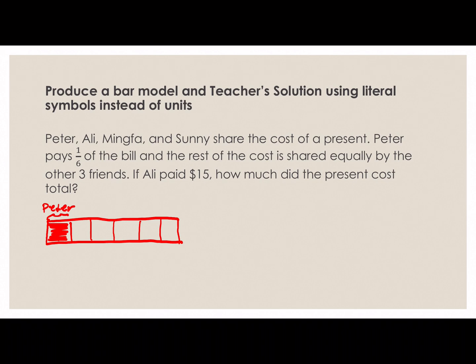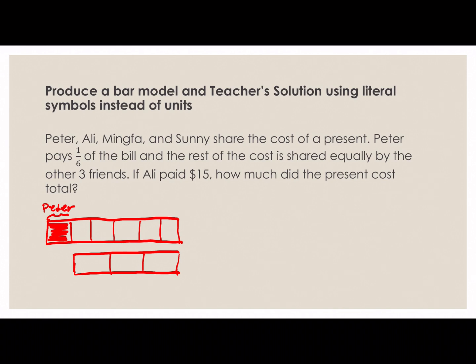Now the remainder is shared equally by the other three friends. So we have to draw another bar here that's as long as the remainder of the first bar, and we need to divide it into thirds. Now there are 5 pieces left in my top bar, so the lines won't match up. So I'm just going to guess as to where they would be.